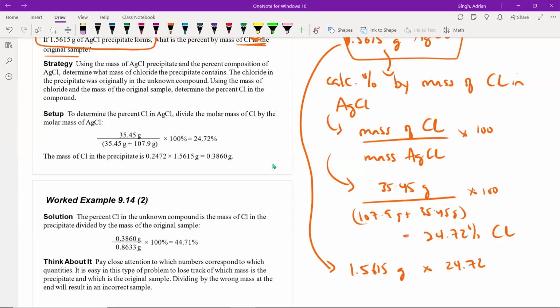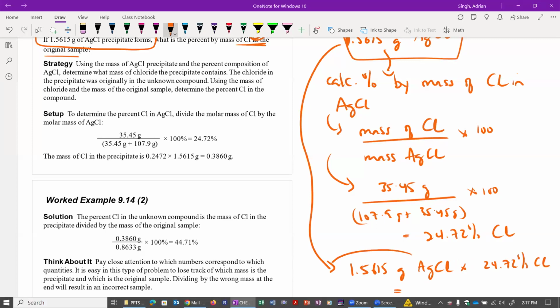Let me rewrite this here. 1.5615 grams of AgCl, times the percentage of chloride in it, so 24.72% of Cl. That'll give me then the mass of chloride in this product, right? So if we multiply it out, we see that we get 0.3860 grams of Cl.